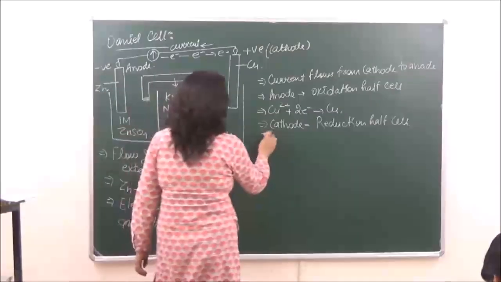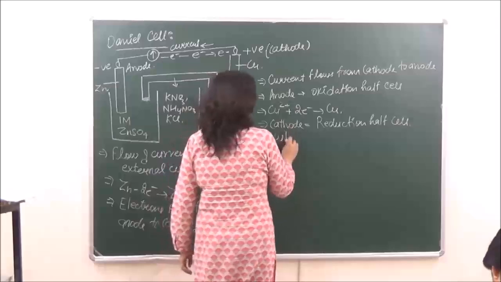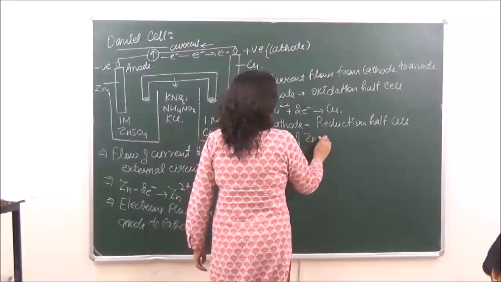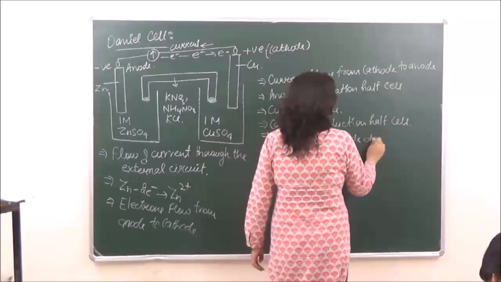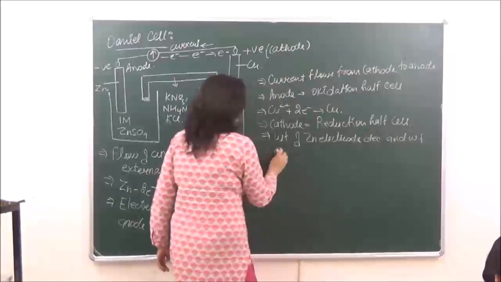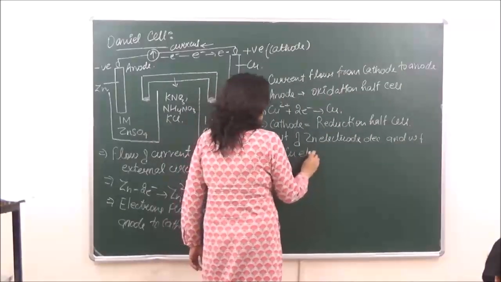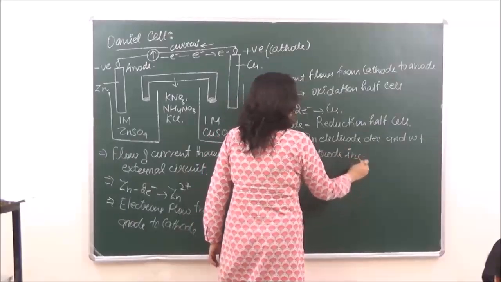Slowly and gradually we observe that the weight of the zinc electrode decreases and the weight of the copper electrode increases. Why?